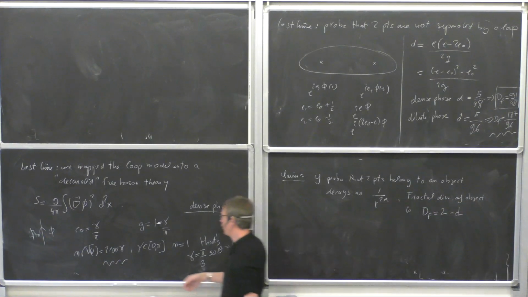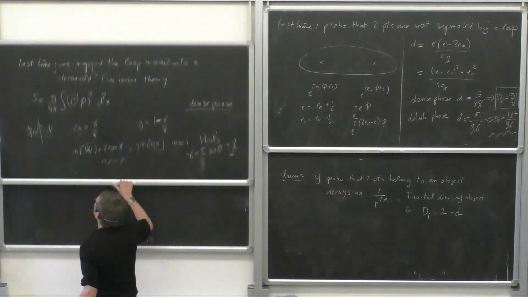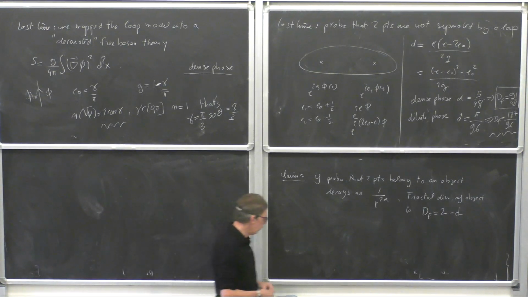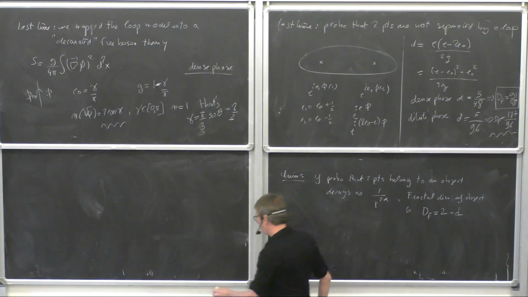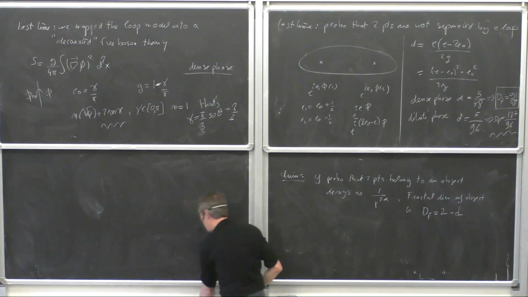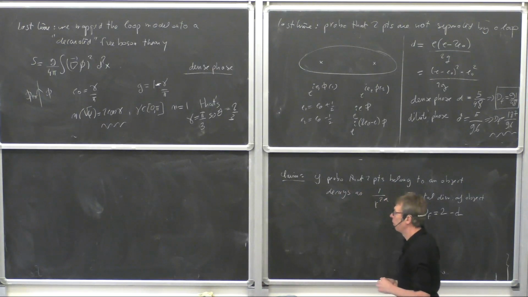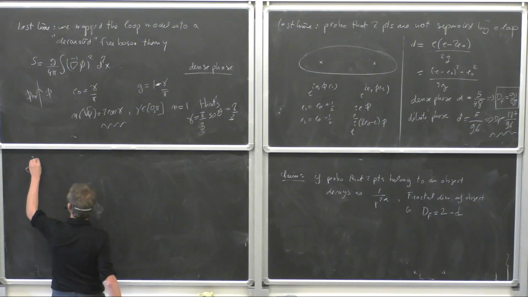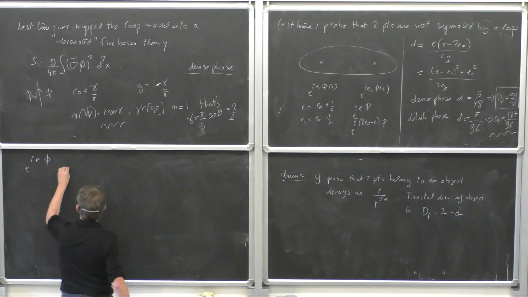So another type of observable, which I could introduce using left and right moving bosons, but I don't want to do this. I want to remain very Euclidean. So the other kind of observable, so we saw that this we call a vertex operator.